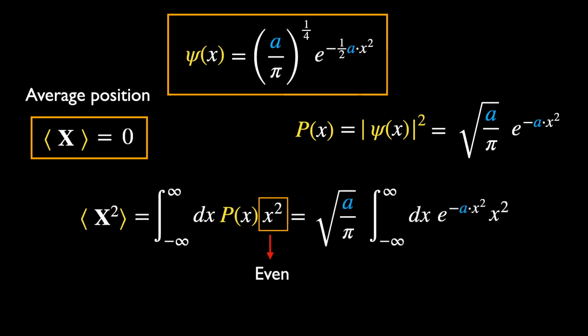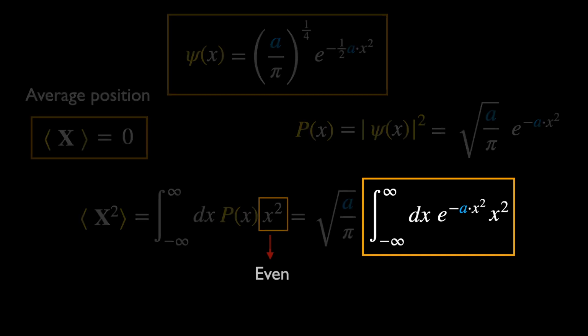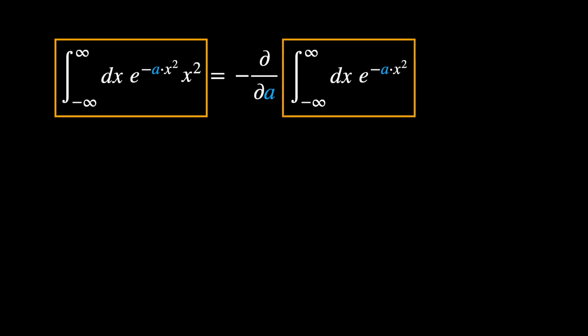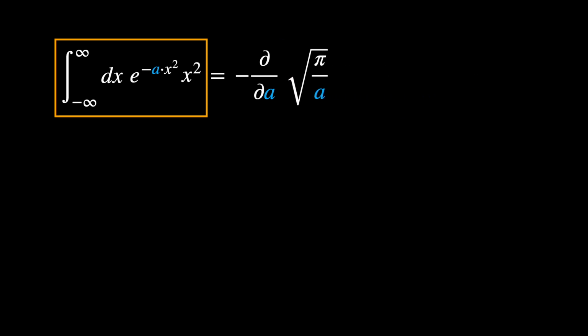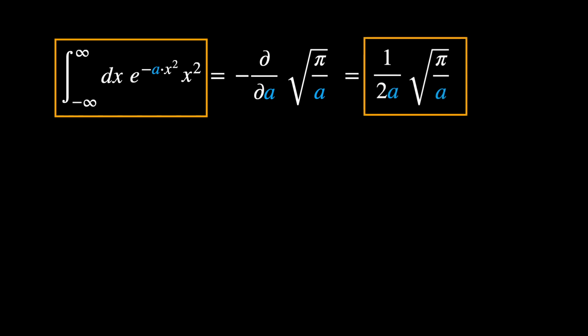Since x squared is also even, this integral is non-zero. Leaving the constants aside and just focusing on the integral, we can bring down the x squared by taking the derivative with respect to a and cancelling the minus sign. Tricks like this are called differentiating under the integral and are pretty handy. The term in the yellow box is just a Gaussian integral which is readily solved. Taking the derivative of this solves the integral.